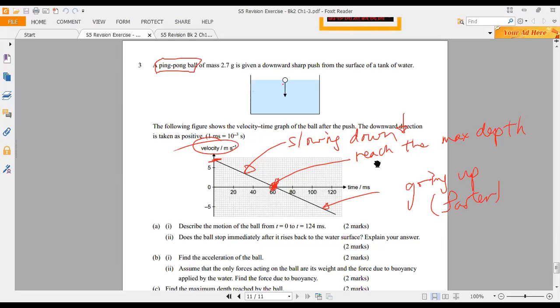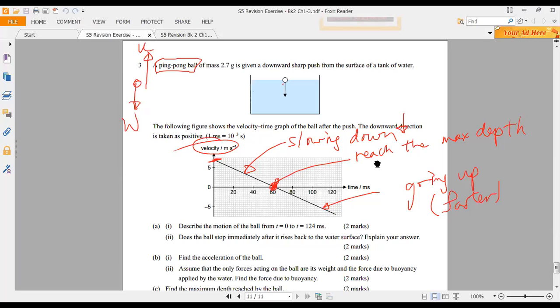So in handling these questions, it's like a free-body diagram again. There will be two forces, the weight and the upthrust due to the floating ability. So it's always the upthrust larger than the weight.